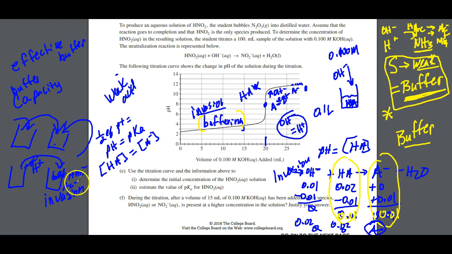Oh, goodness, what was that? The Ac minus, because this is HAc. That's an acid. It has no attraction for that hydrogen ion. But this sure does. Okay, so that would be like an invasion problem. So if you wanted to make a buffer, typically what you would do is add strong to weak.